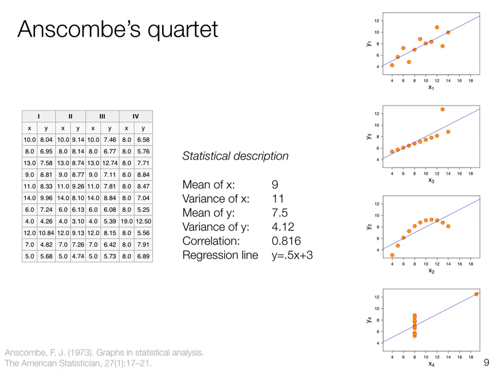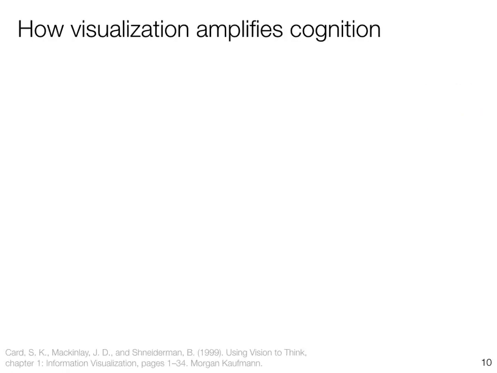There's of course the conviction that, and that's actually part of the definition, that information visualization can amplify, so support and help cognitive processes. And how can it do that? And there are a few reasons that we can think of.